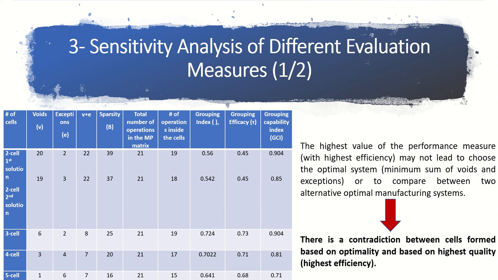He will choose the 3 cell, but this 3 cell has higher value of E plus V than the 4 cell and the 5 cell. We can notice from this table that there is a contradiction between cells formed based on optimality and based on highest quality or highest efficiency.